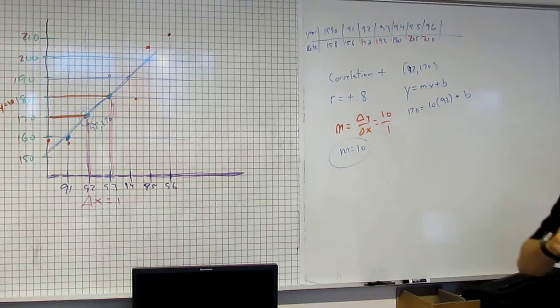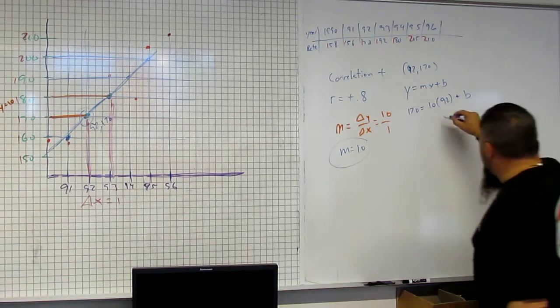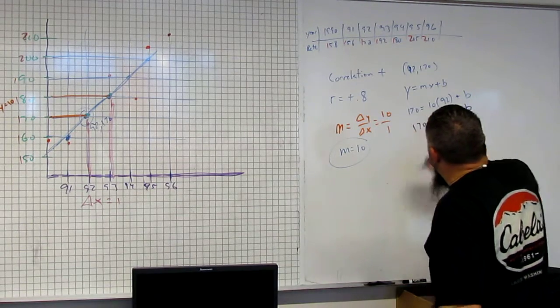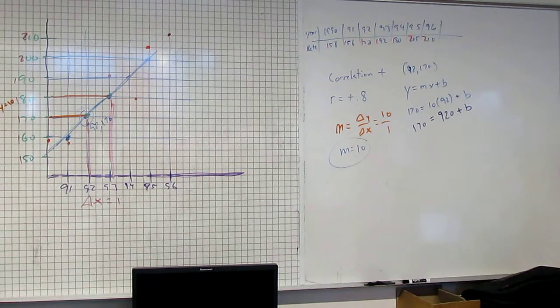So what is 10 times 92? What is 10 times 92? 920. 920 equals 170. Okay?